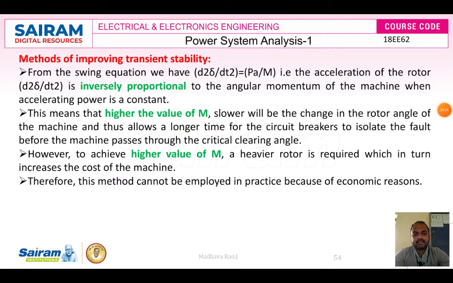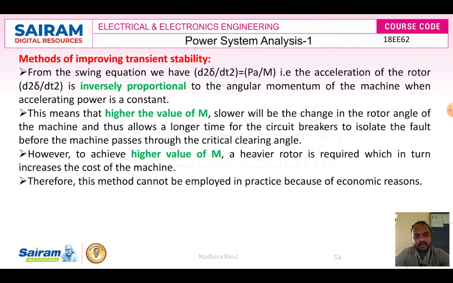Transient stability we can analyze from the swing equation. Using the swing equation we can calculate the stability and transient stability of the system. D square delta by dt square is equal to Pa by M, that is, the rotor is accelerating. D square delta by dt square is inversely proportional to the angular momentum of the machine.